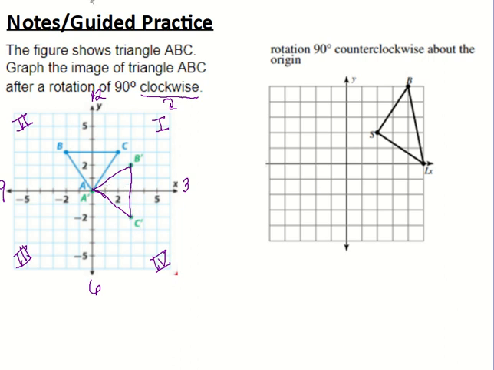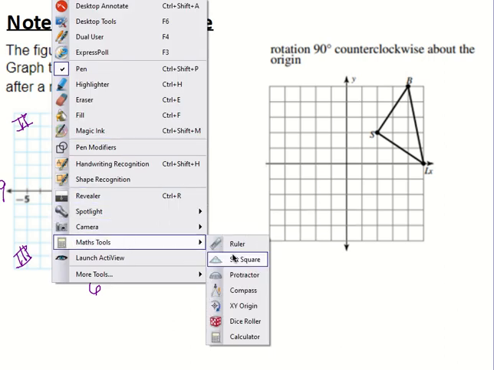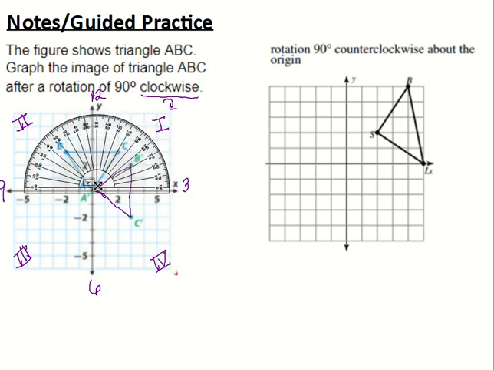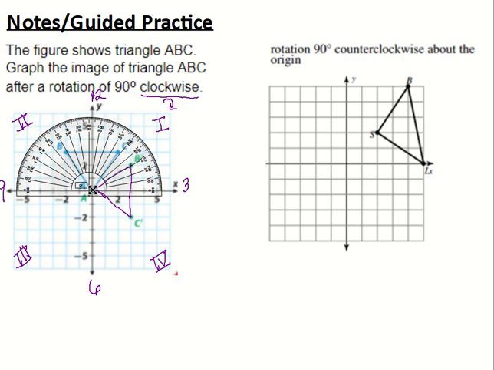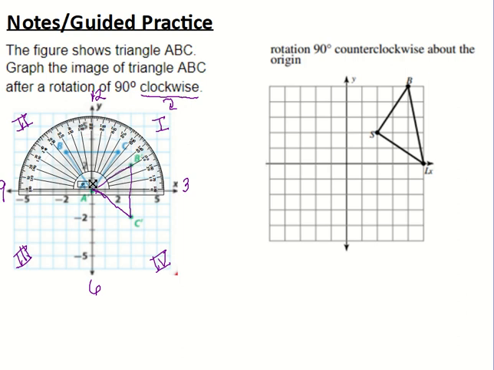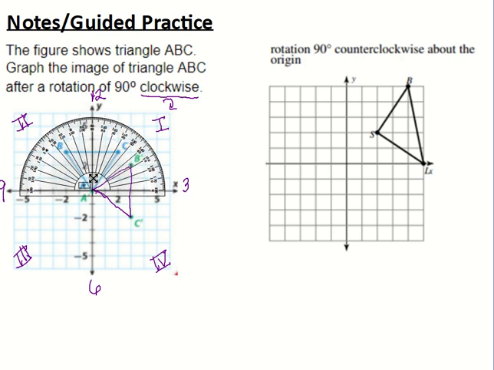This is very much like the Earth rotating around the core. I'm going to pull up a protractor and show you why the 90 degrees matters. I've redrawn this the best I could, and I'm going to put the protractor at the center of rotation, at 0, 0. I'm going to line it up and put it right in the middle. Of course, it keeps moving after I let go. See how this is making a 90-degree angle right here?